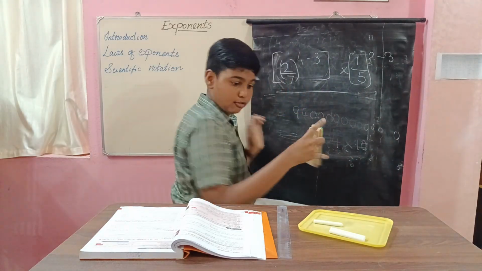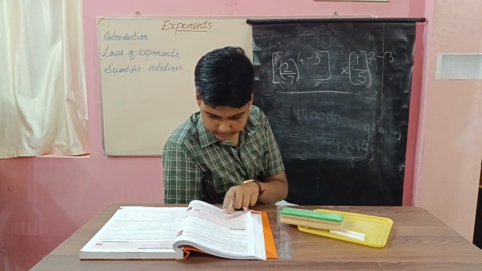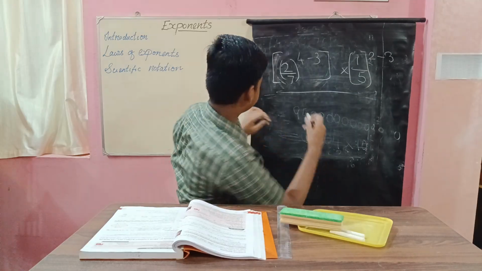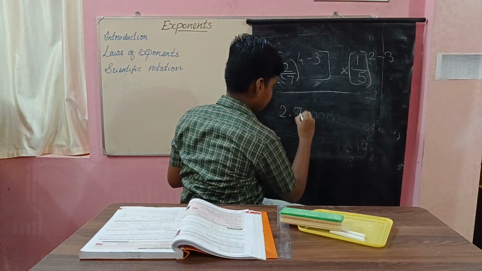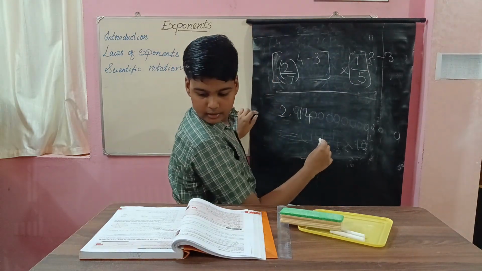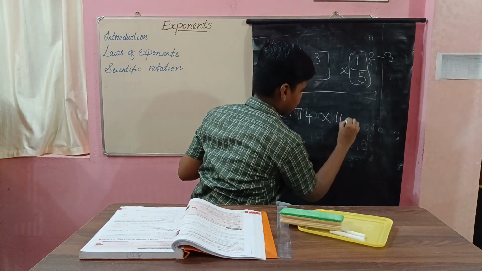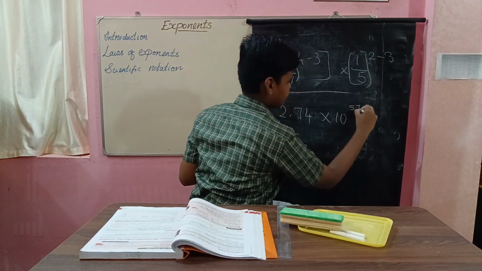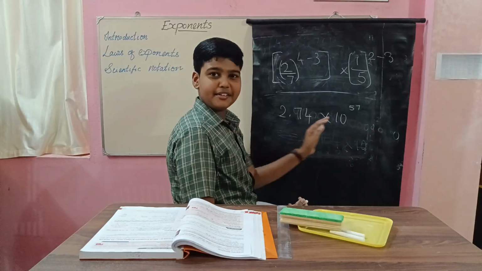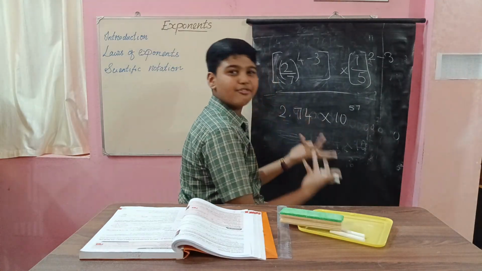But if I have a question like this, 2.74 into 10 to the power of 57, how will I write it in the normal form?